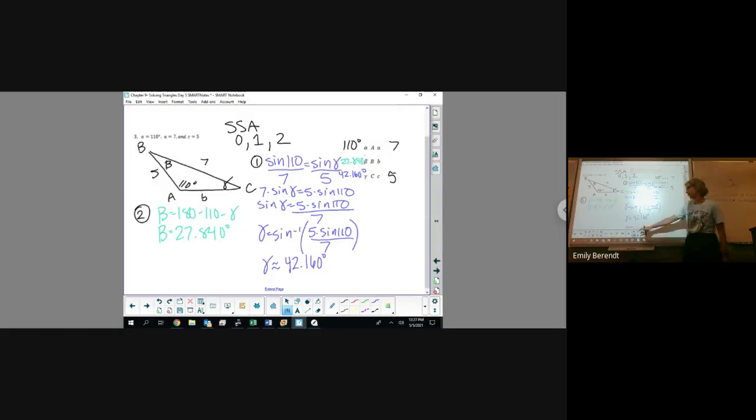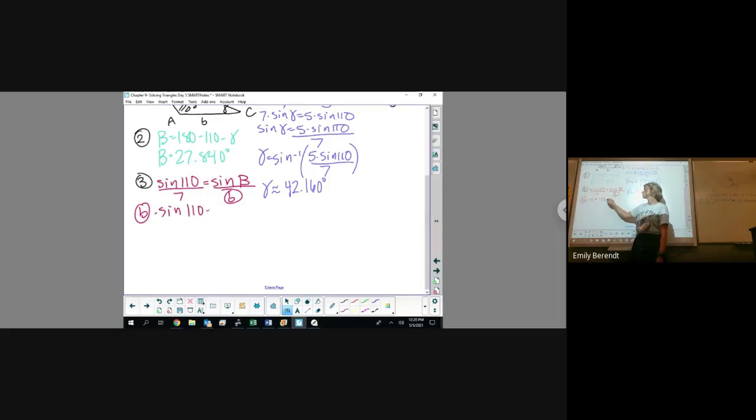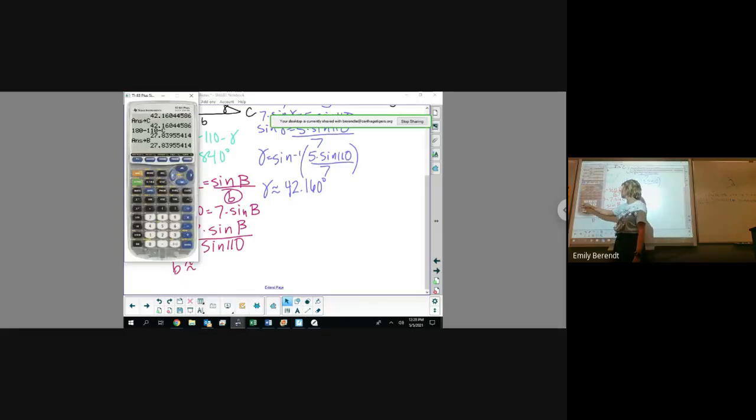And then to find the missing side, you go back to the law of sines with that original half of your proportion, the sine of 110 over 7 equals the sine of the beta value you stored over little b. .479, and you don't need to store that because that was the last part of that triangle.